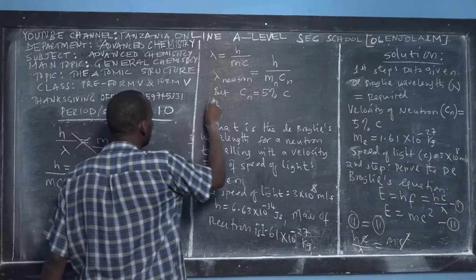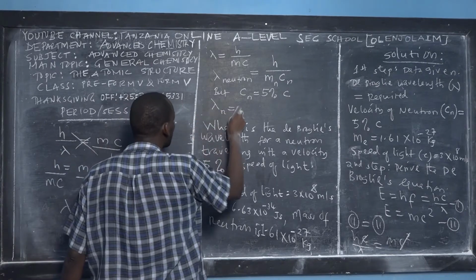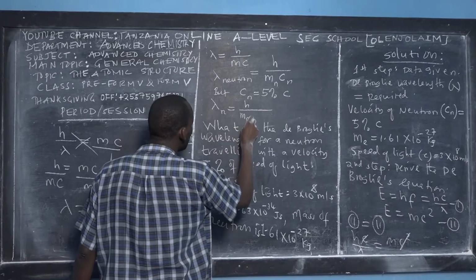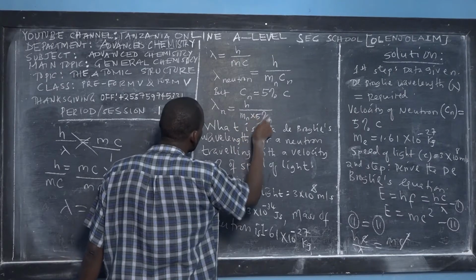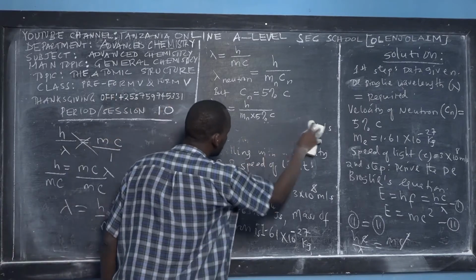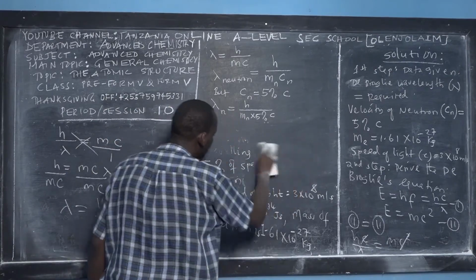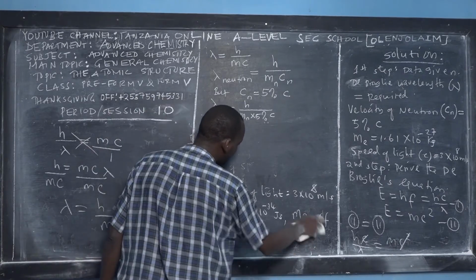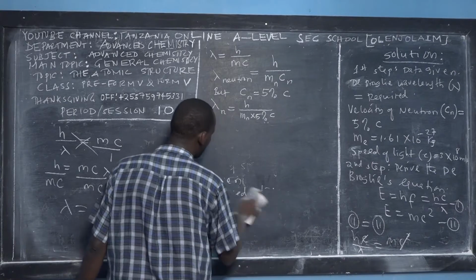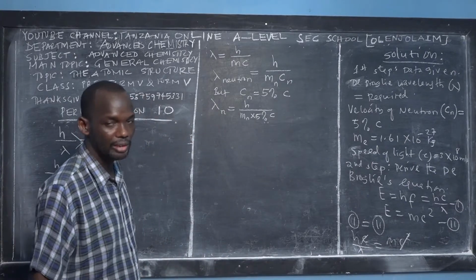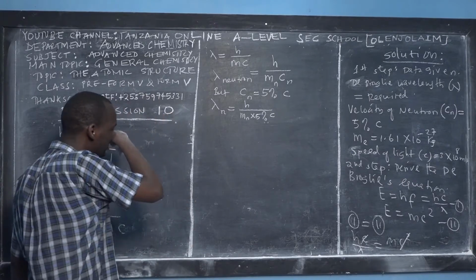So the wavelength of the neutron will be equal to Planck's constant over the mass of the neutron times 5% of the speed of light. So you see now the concept here. Don't think that these questions are as easy as you think. Maybe in your exam you might be told that the velocity of the neutron is 10% of the velocity of light. You have to take it into consideration.